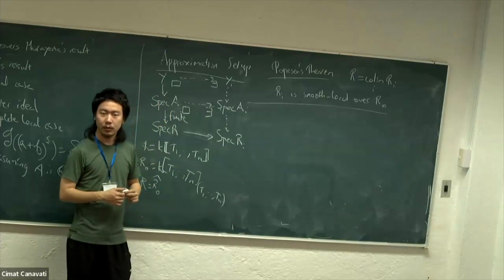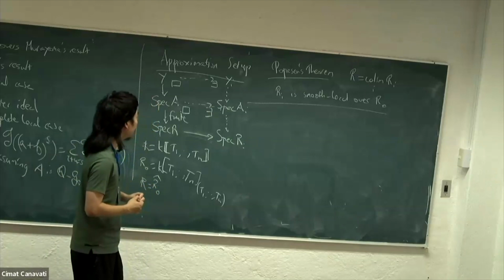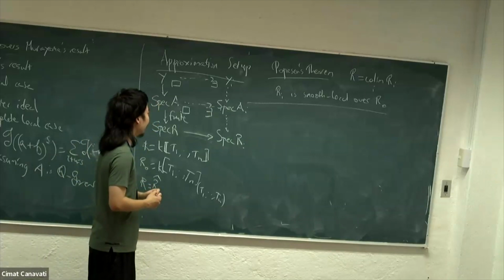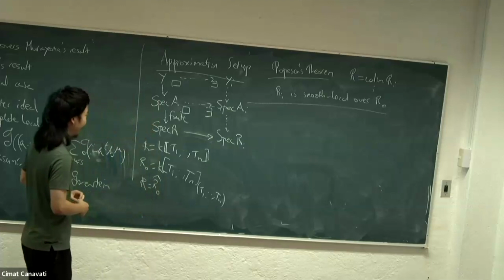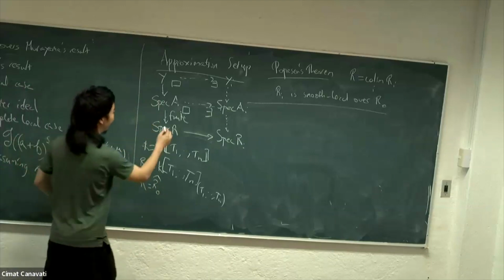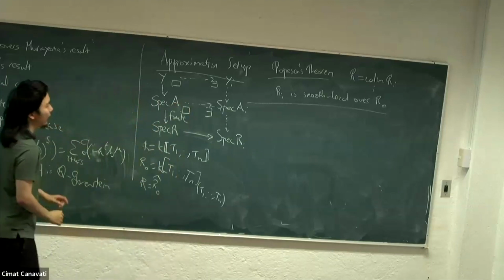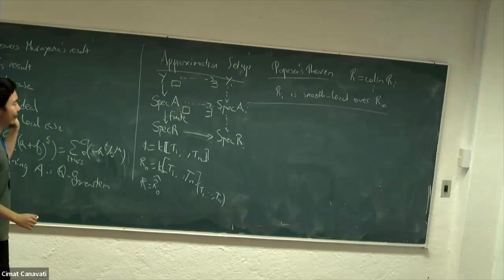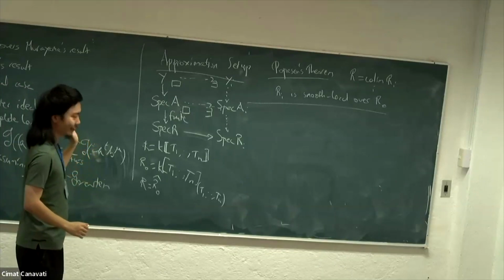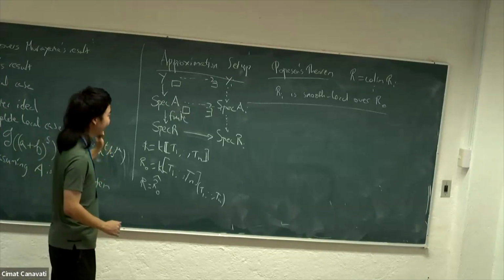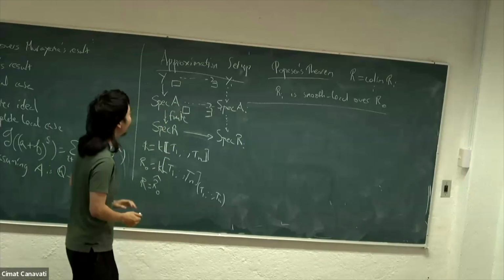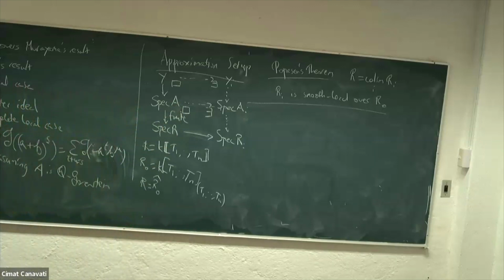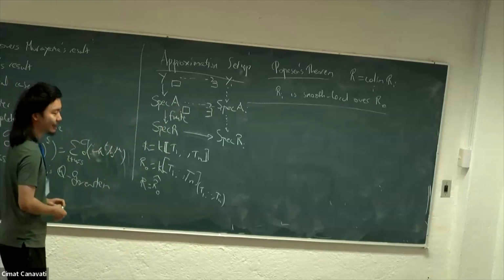Question? Do you have an example of an A of this form which is finite over this kind of power series ring, which is not a completion of a finite type algebra at some prime ideal? Oh, that's a good point. If you ask me whether I have an explicit example, the answer is no. I think they do exist, but I've never looked at any explicit example.